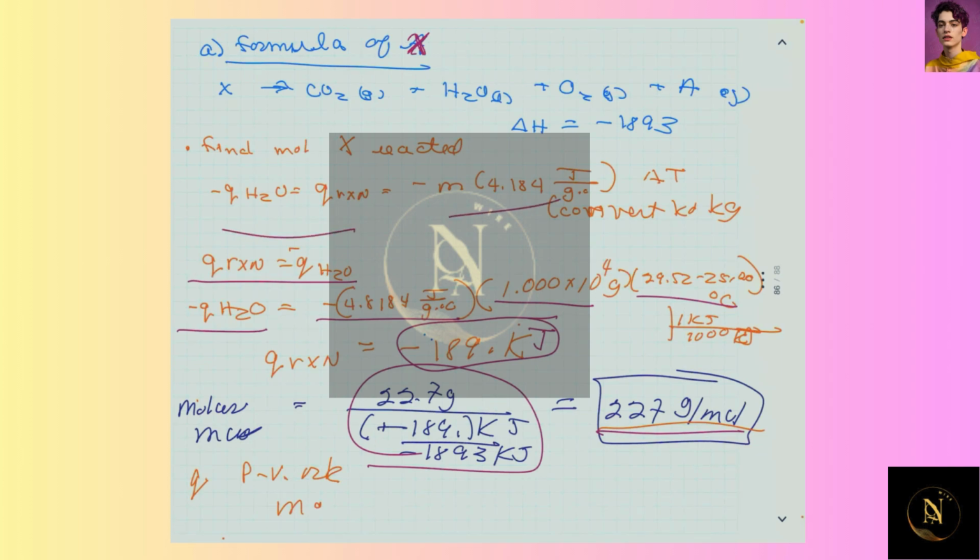So here's this and this and this. Plug my values in again, I get negative 189.8 kilojoules.